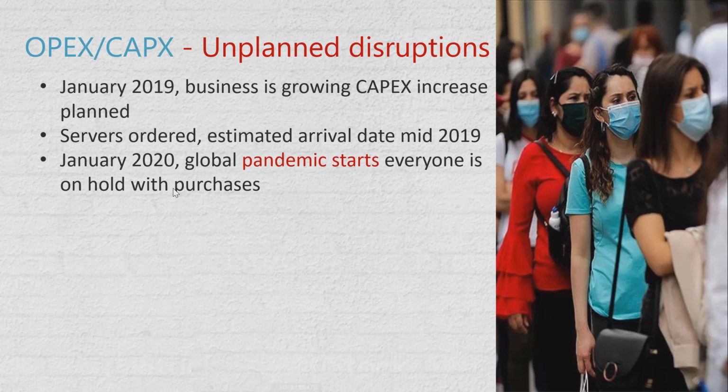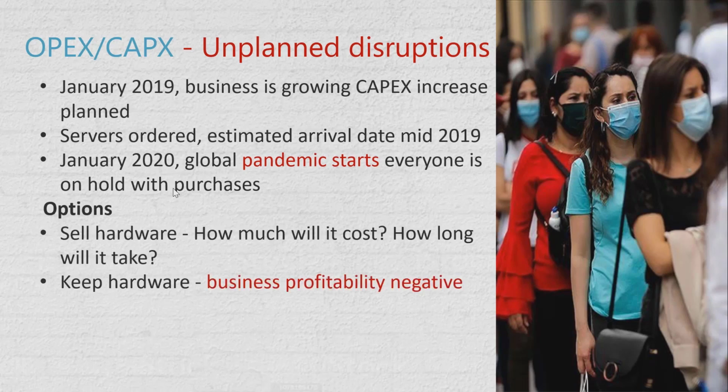And come January 2020, a global pandemic starts and everybody is on hold with just about everything, and especially with purchases. So what are you faced with? You have two options. You can sell the hardware or keep the hardware. If you choose to sell the hardware, how much can you sell it for? How long will it take to sell it?